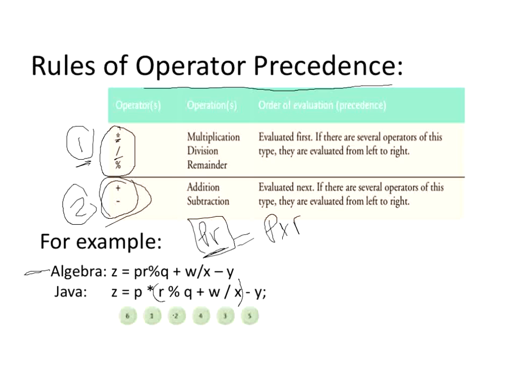Just suggest a precedence for me. First will obviously be the bracket. No, not the division first, it will be the modulus first, because they are of the same family.